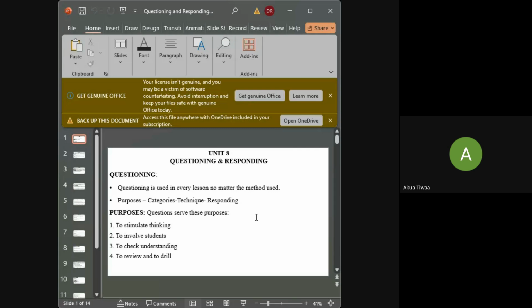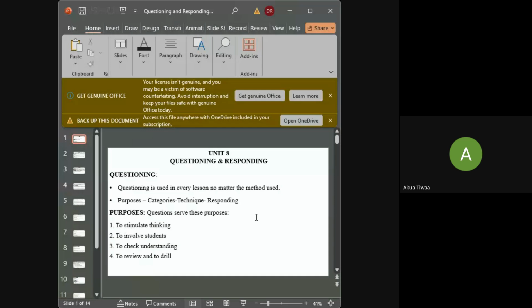The learners are there, and you want them to think about something, so you question. Two, you question to involve learners in your lesson. If you see that they are very quiet, they are not participating, you question, then they will get involved.